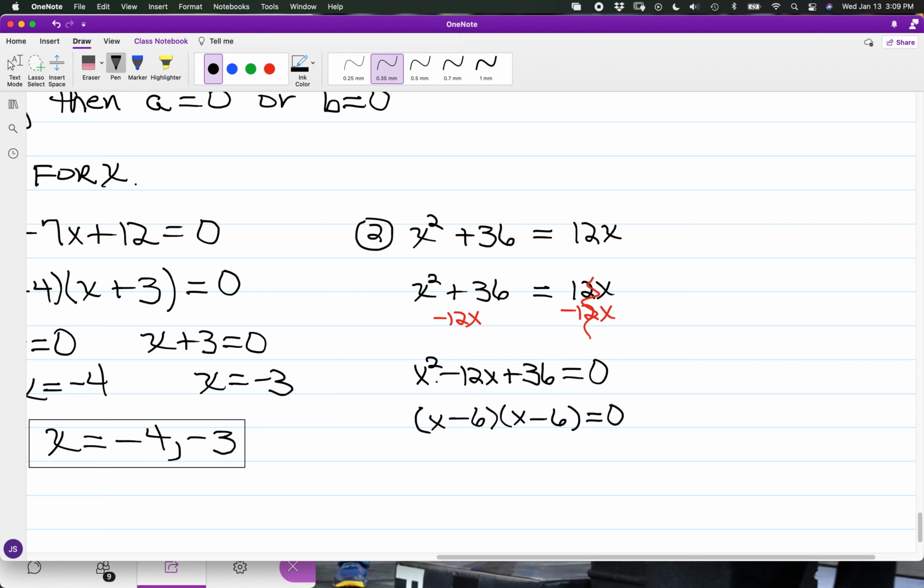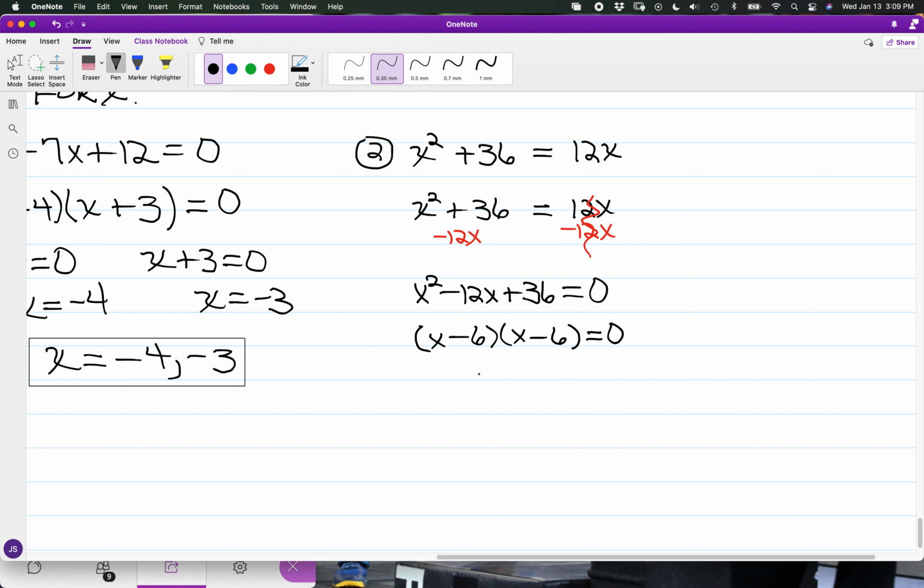So in the result you have a repeating factor, so we have only one x factor. If we set this to 0, it follows that x is equal to 6. Checking, 6 squared is 36, plus 36 is 72, and simultaneously 12 times 6 is 72. And 6 will be the only solution that makes this equation true.